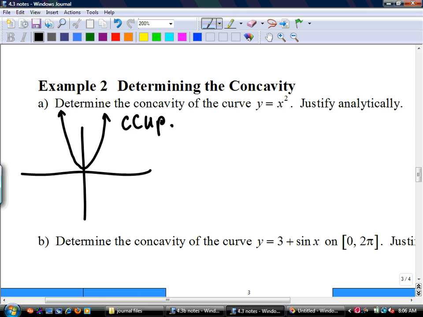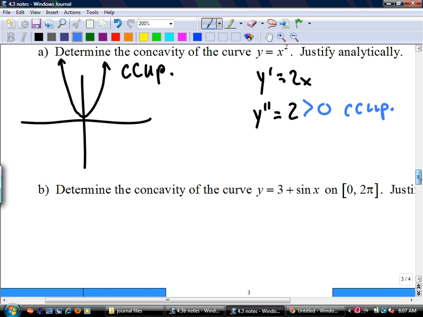Justify analytically. Really? Take the second derivative. y prime equals 2x. y double prime equals 2. Is 2 bigger than 0 or less than 0? Definitely bigger than 0. Concave up. Isn't that exciting? Get your head out of the gutter, Mark.